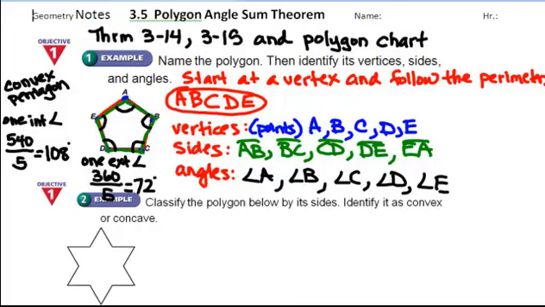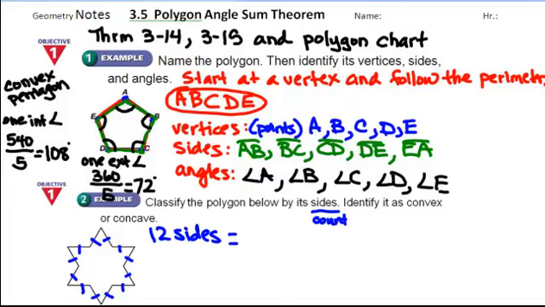Okay, we're going to continue with this, and it says classify the polygon below under example 2 by its sides. In order to classify by its sides, you need to count them. So we're going to count the sides. 1, 2, 3, 4, 5, 6, 7, 8, 9, 10, 11, 12. This has 12 sides.